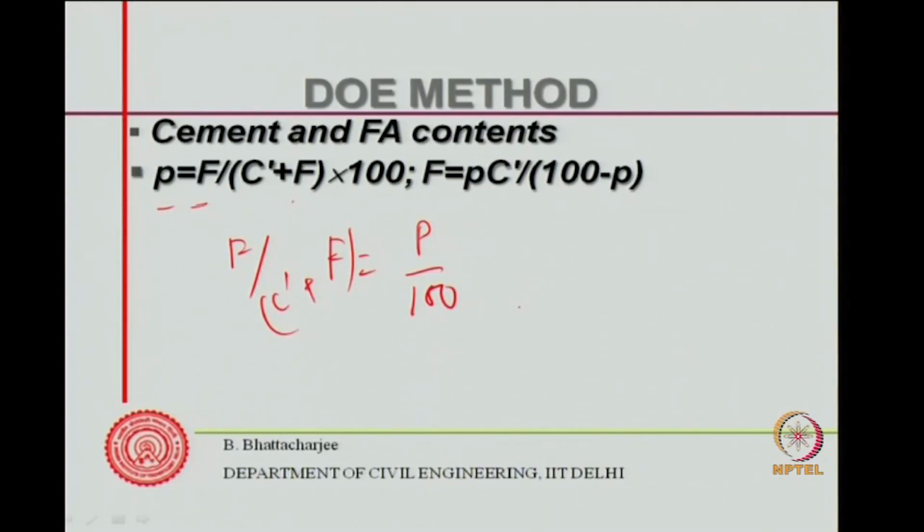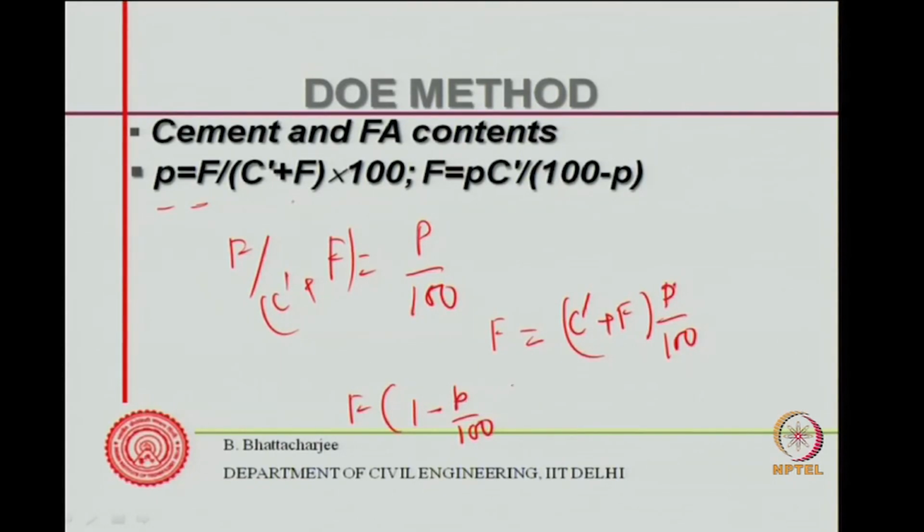So F is equal to C dash plus F into P by 100, and you want to separate out F.